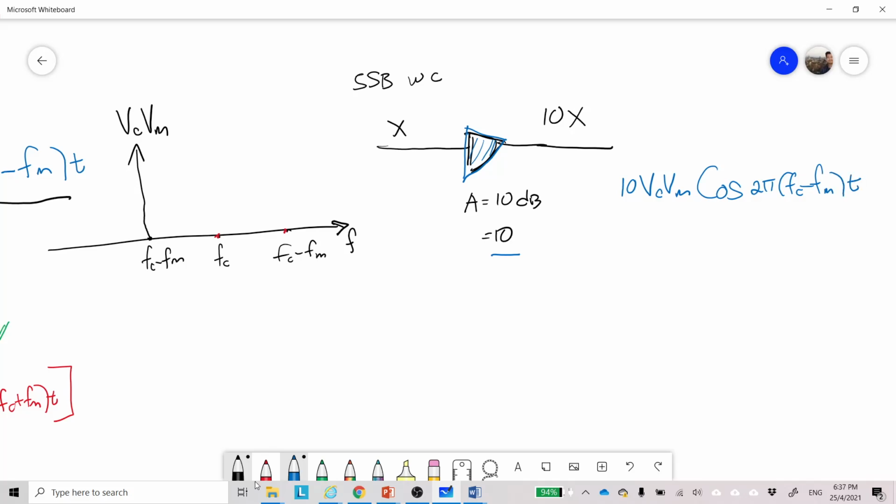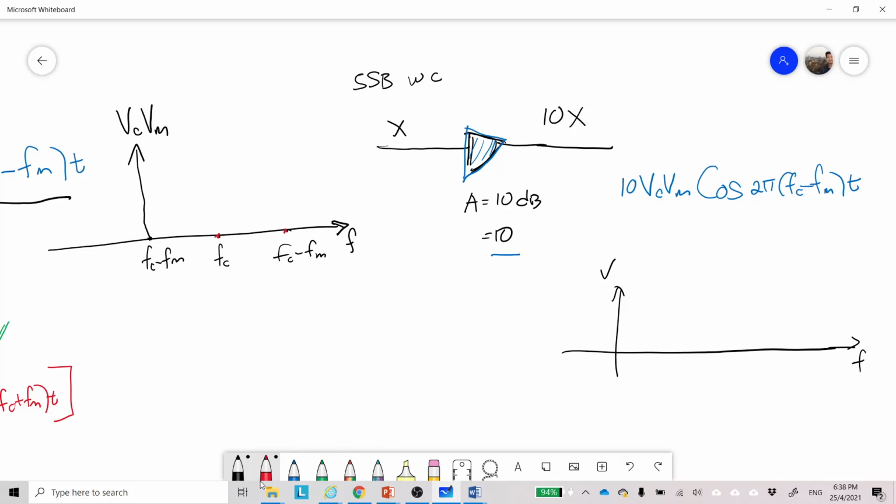If you draw the frequency spectrum after the amplifier, this is voltage versus frequency.